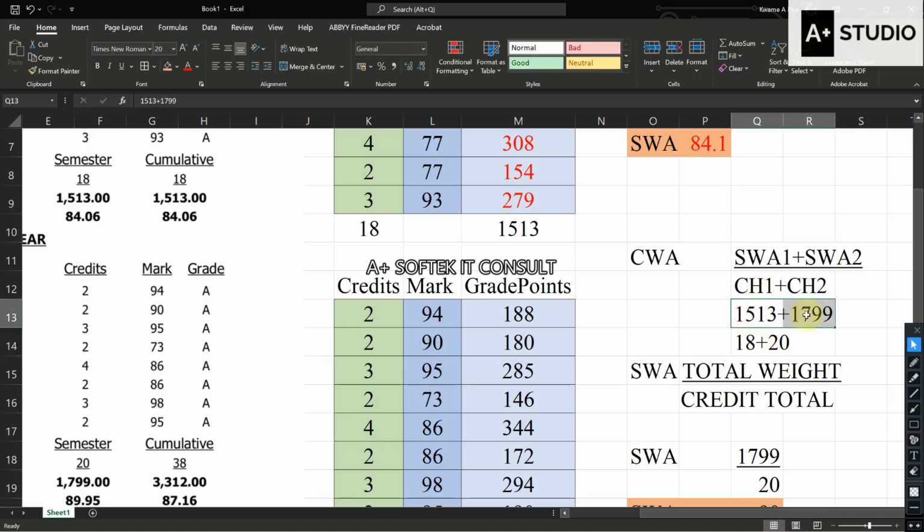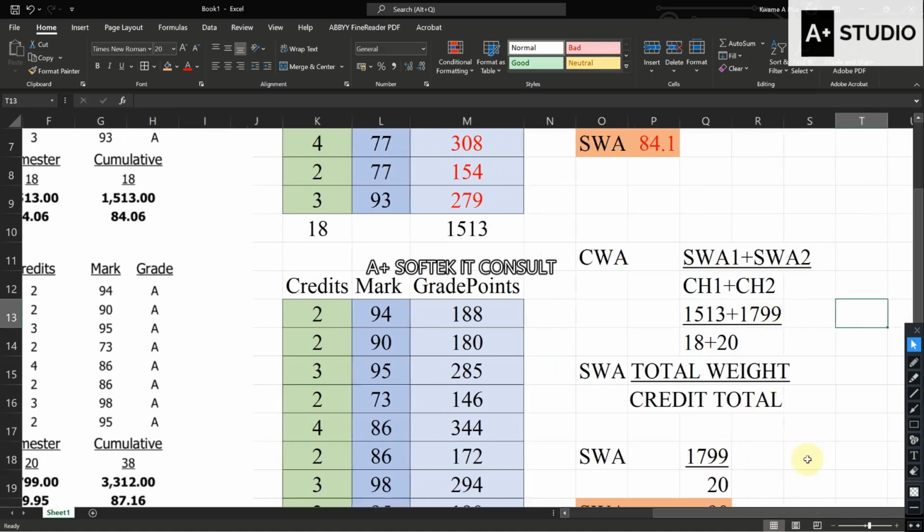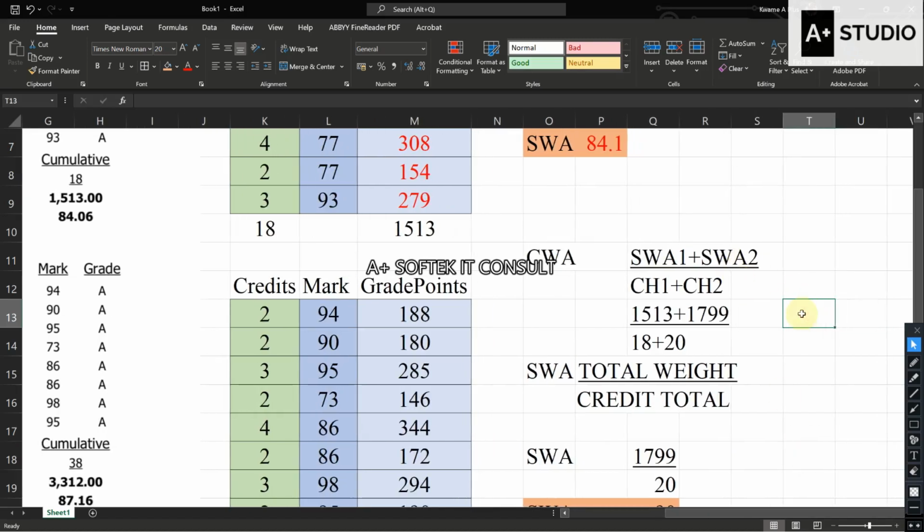Yes, so this is what we'll be having. And then if we should find for the total, let's find for the total right here. We'll be having this divided by this.